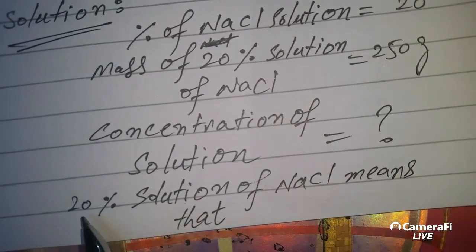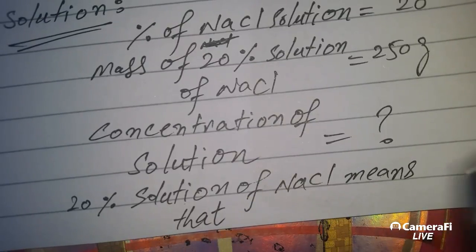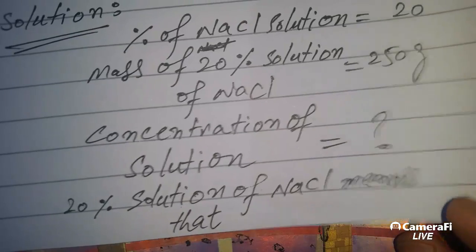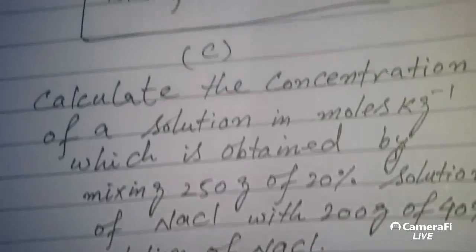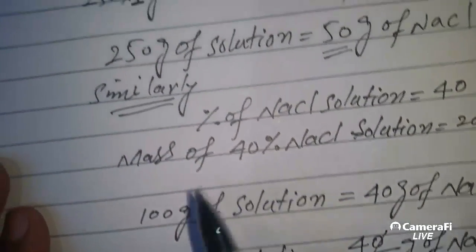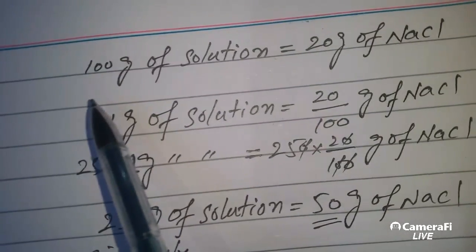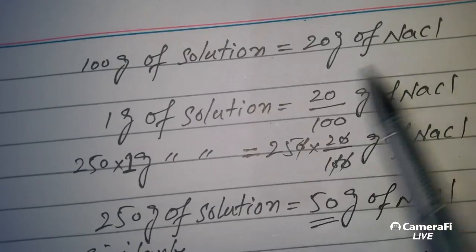Now we again come to the first solution. 20% solution of NaCl, what is the meaning of 20% solution? It means that in 100 parts of solution, NaCl is only 20 parts. That is, 100 grams of solution will contain 20 grams of NaCl.